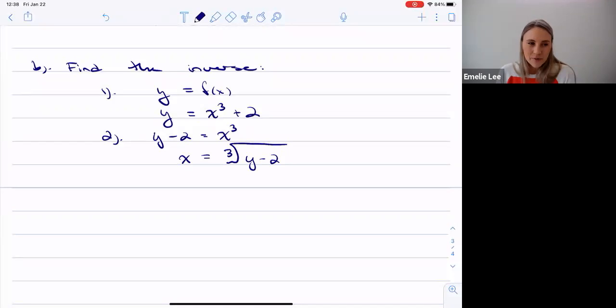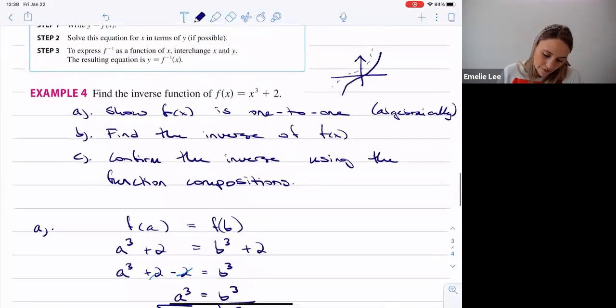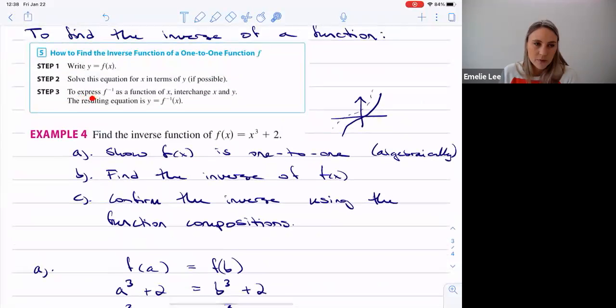So now I've solved for x in terms of y. The third step: to express the inverse as a function of x, you have to switch your x's and y's, and then what you have is y is the inverse function.